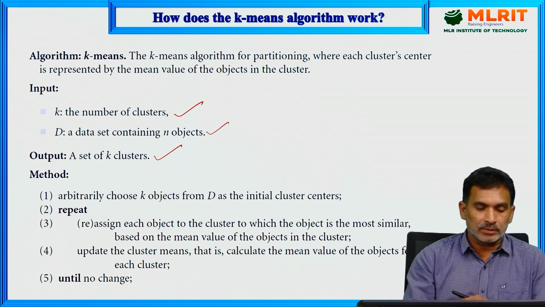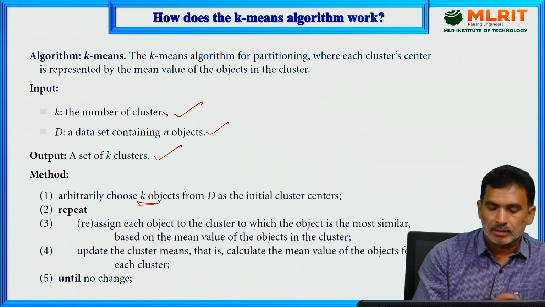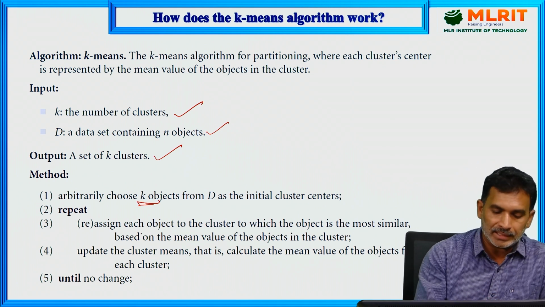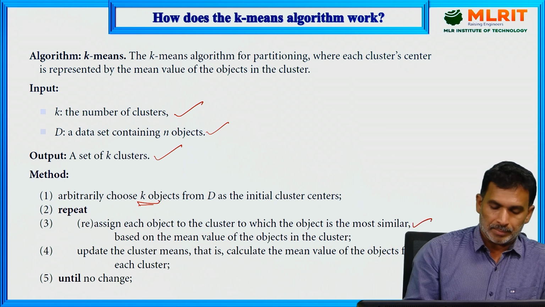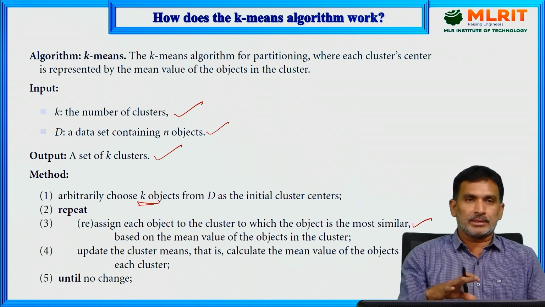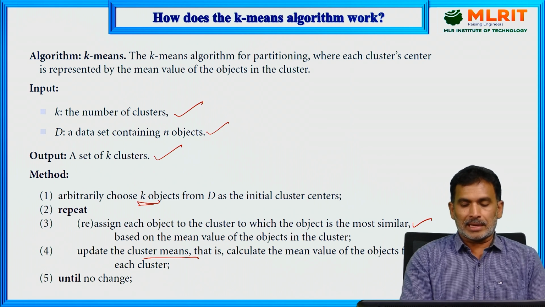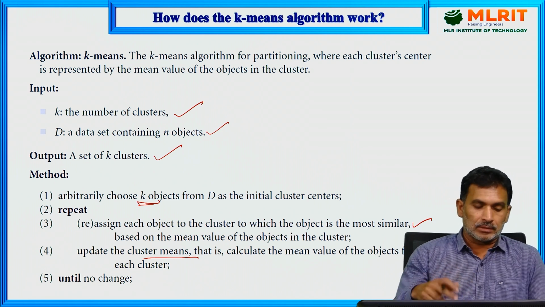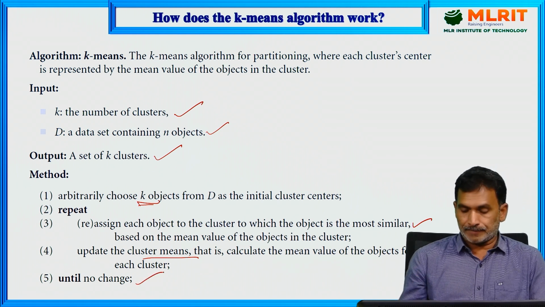The method is: first, arbitrarily choose K objects from D as initial centers, and reassign each object to the cluster to which it is the most similar based on the mean value of the objects in the cluster. Update the cluster means, that is, calculate the mean value of the objects for each cluster, and repeat this process until there is no further change.